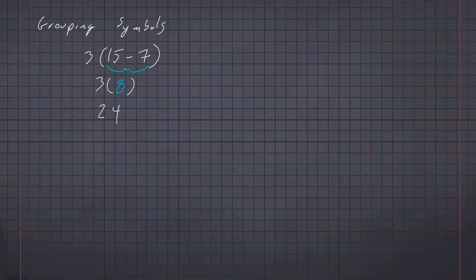We can chain together grouping symbols. For purposes of making things look a little bit nicer, if we have grouping symbols nested together, we tend to use square brackets.